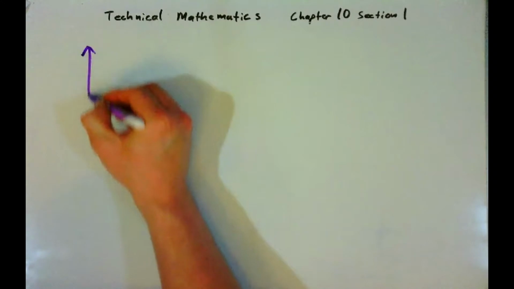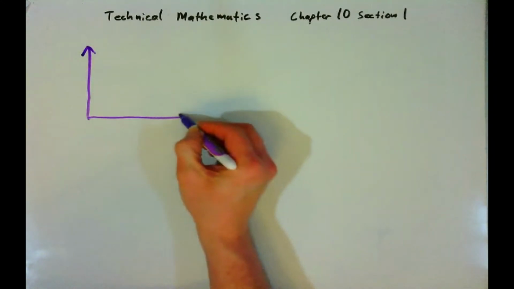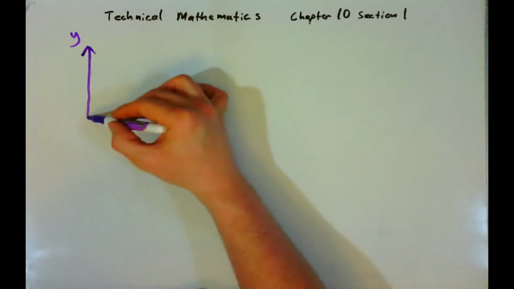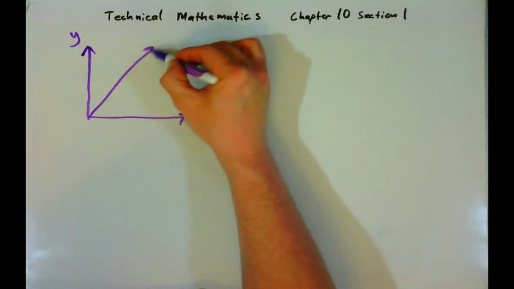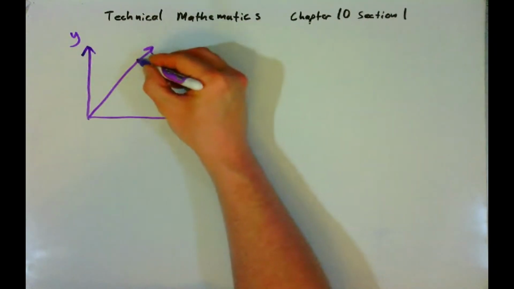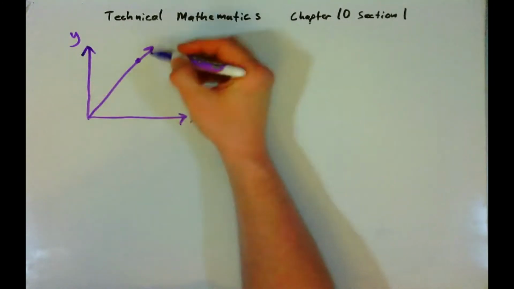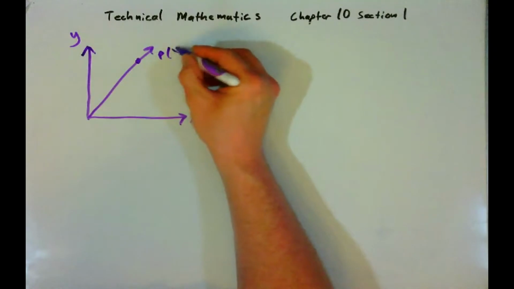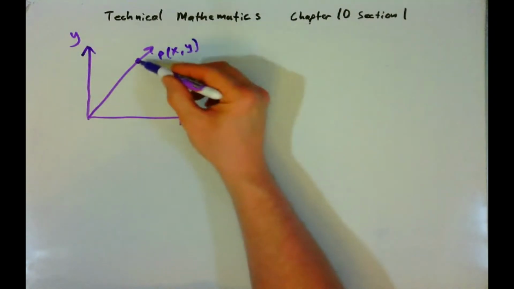Let us again consider any angle in the xy coordinate plane. I'm just going to draw the first quadrant here. Any angle in the xy coordinate plane passes through an infinite number of points, but we'll just pick one of these points. And this point has some xy coordinate.